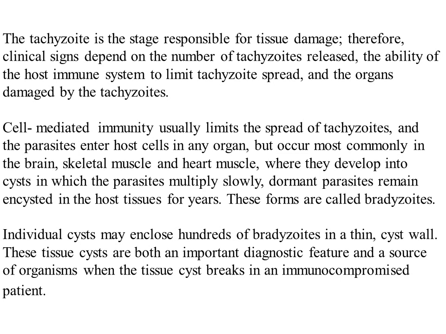This form is called the bradyzoite. Individual cysts may enclose hundreds of bradyzoites in a thin cyst wall. These tissue cysts are both an important diagnostic feature and a source of organisms when tissue cysts break in immunocompromised patients or where immunity declines in the patient.